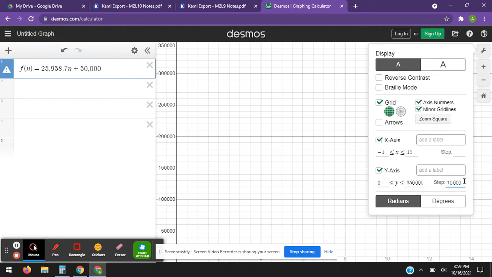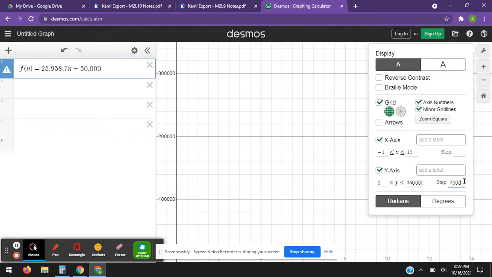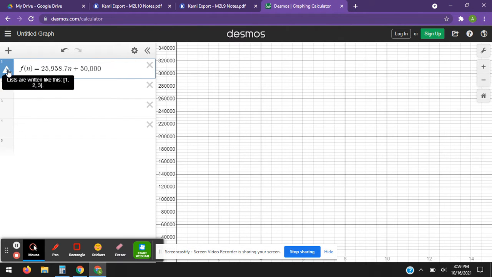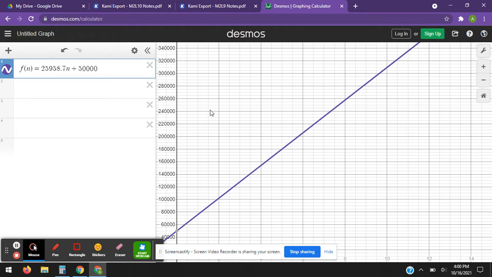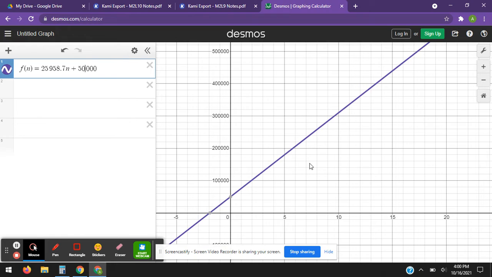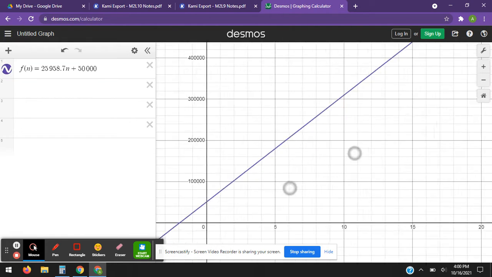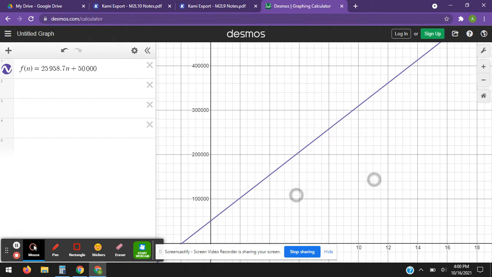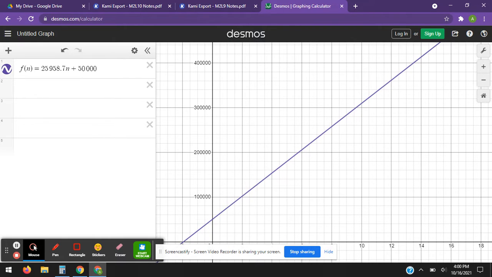We want our increments to be, do 20,000s on here? Oh, what's wrong with this? Oh, I can't use commas. That's right. Okay, there's my line. I'm going to zoom out just a little bit so I can see my line right there, and adjust it there. That's kind of where I want that.